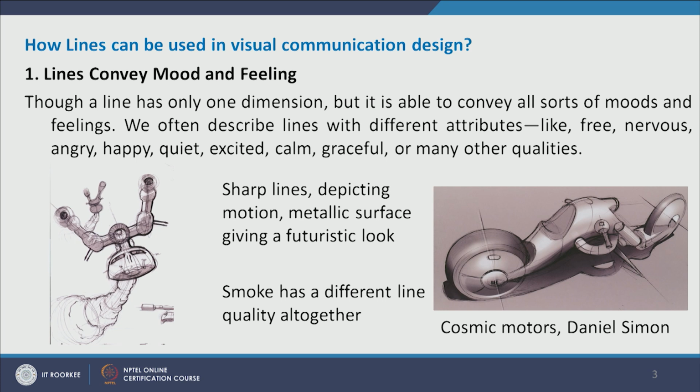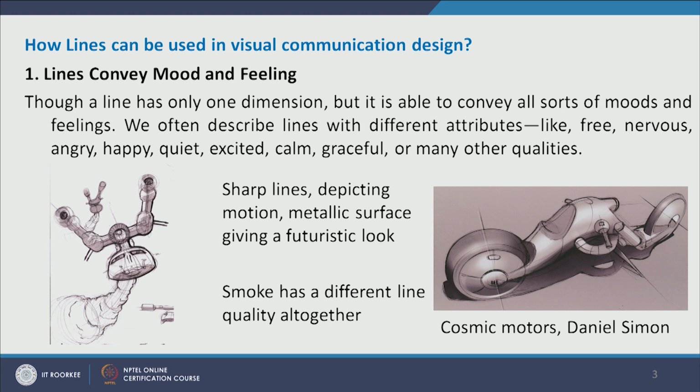On the right hand side we can see a two-wheeler designed with sharp lines which convey motion, and on the left hand side we can see a very sketchy concept design of a spaceship.